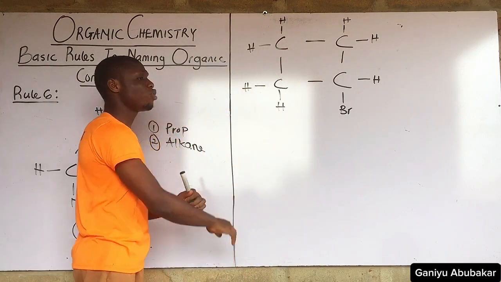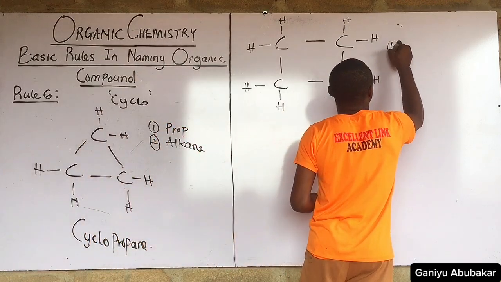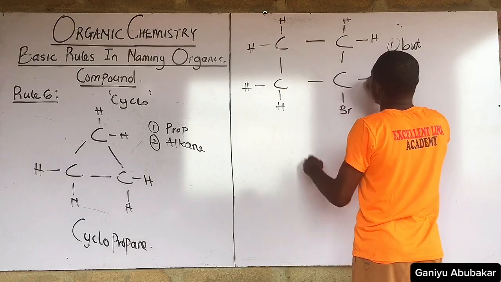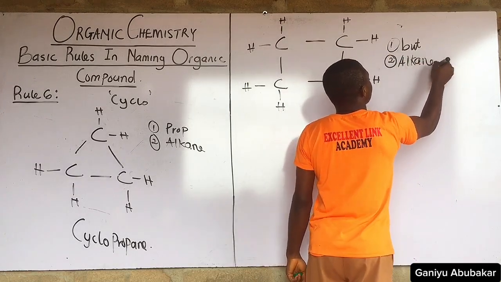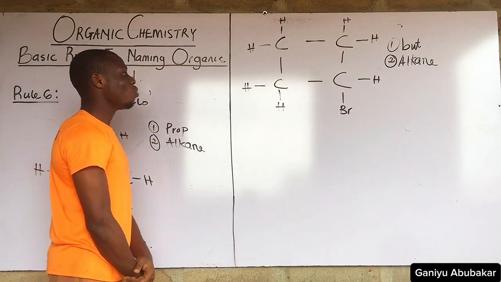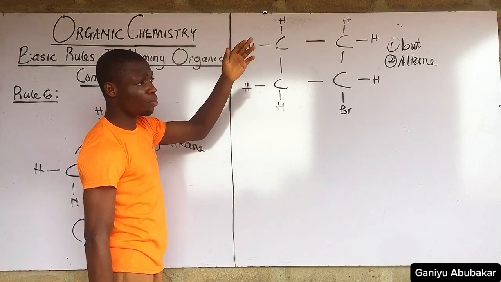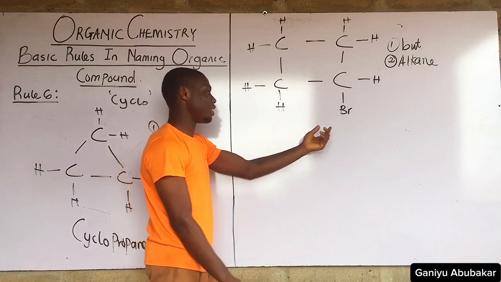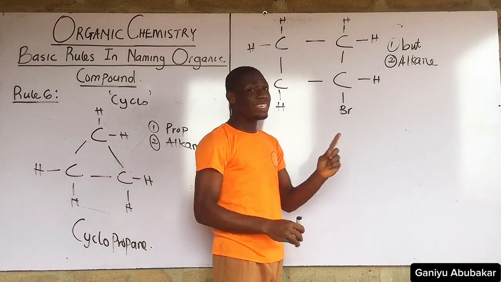So how do you name this one? We said rule 1, longest continuous carbon chain. This is 4. Rule 2, functional group. They are all alkane, single bond. Rule 3, this is cyclo or ring form, right? So I'll use the word cyclo followed by the functional group. But observe the difference between this one and the previous one is that for this one here, I'm having a substituent. Bromine is a substituent. So we said name the substituent first before anything.